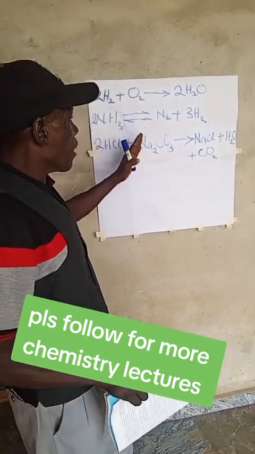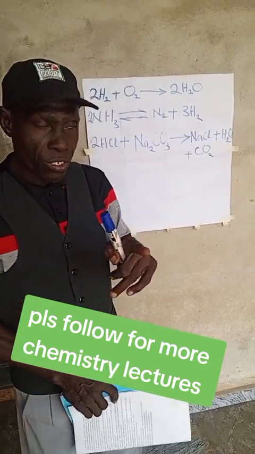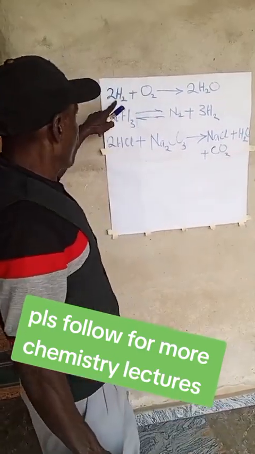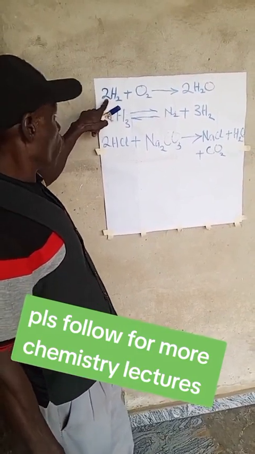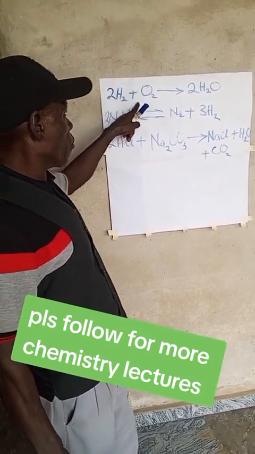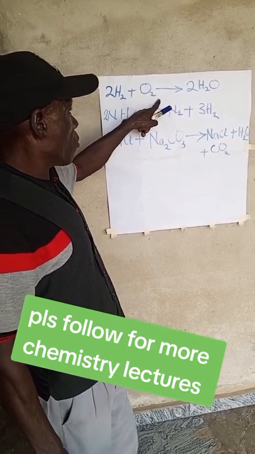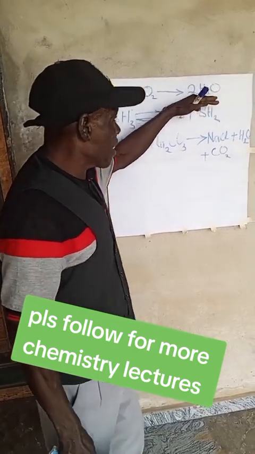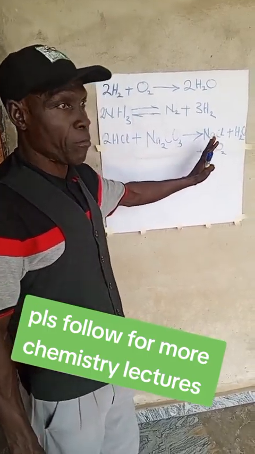Now, you can also convert this to moles. So the number of moles here is 2 moles of hydrogen reacting with 1 mole of oxygen to produce 2 moles of water. You can answer these other ones in the same way.